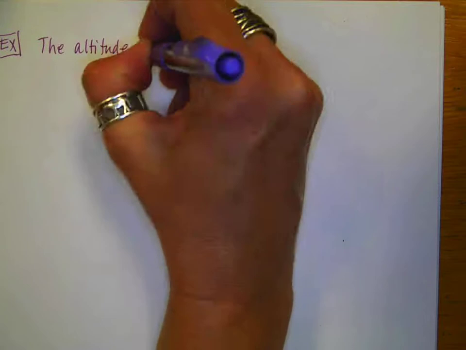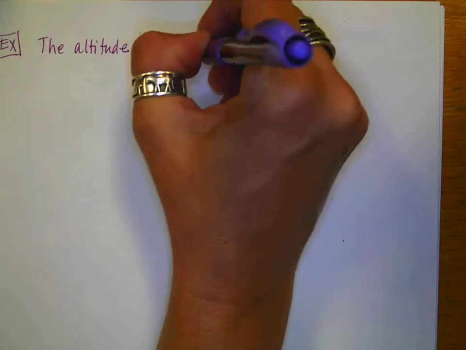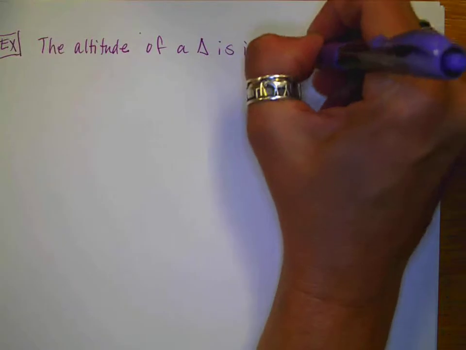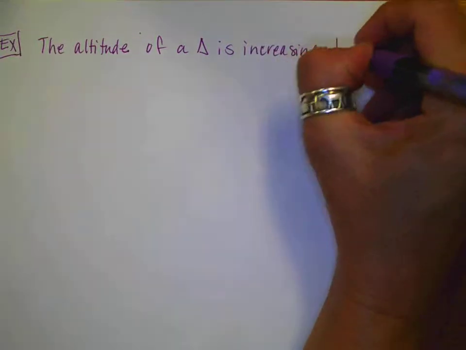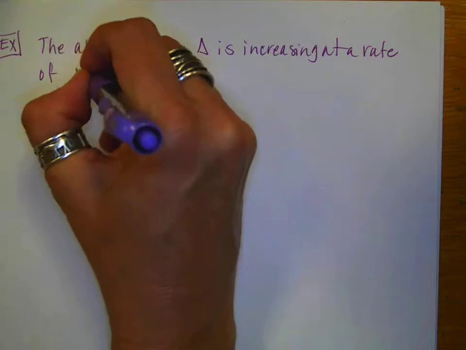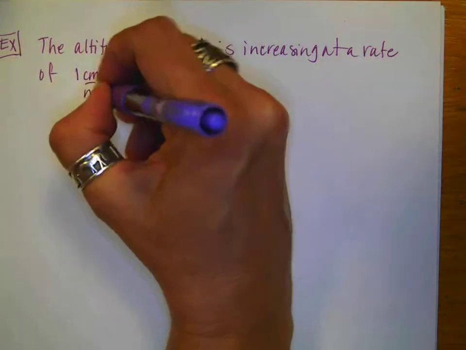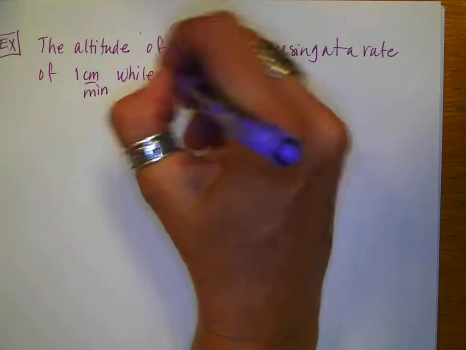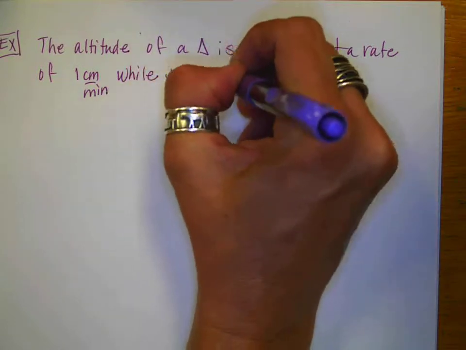So this is our last example. This one says the altitude of a triangle is increasing at a rate of 1 centimeter per minute. Oops, I need to put minute there.